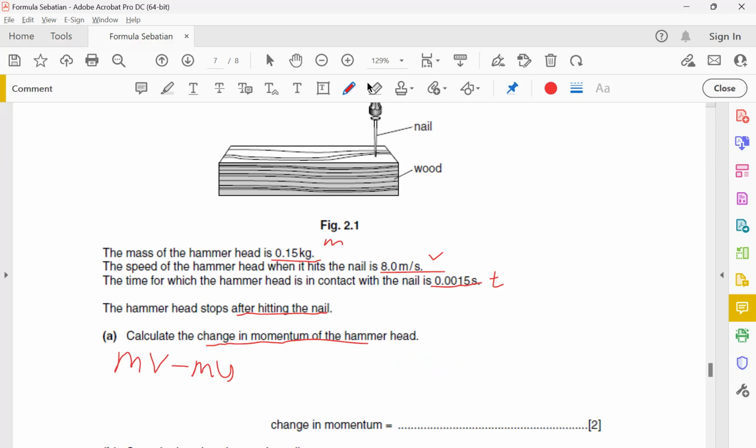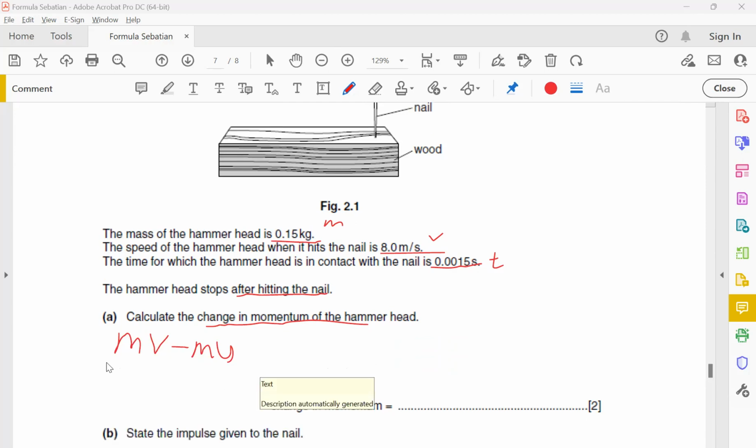How much is it? Shannon, how much do you get? Oh, did you not do this as well, Shannon? I'm pretty sure you didn't get this as homework.